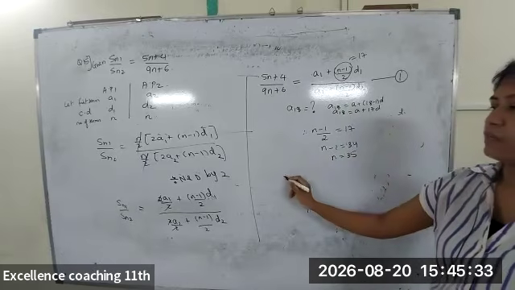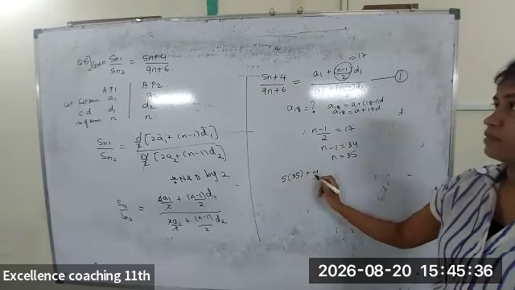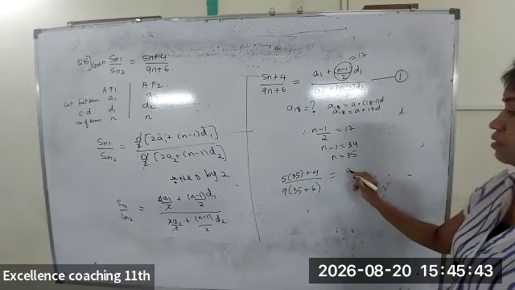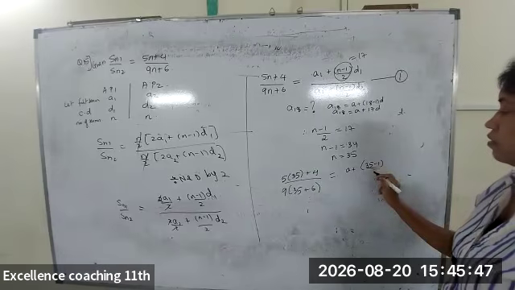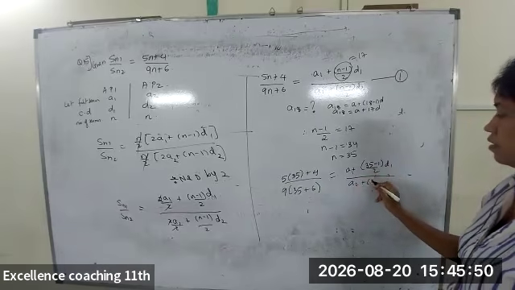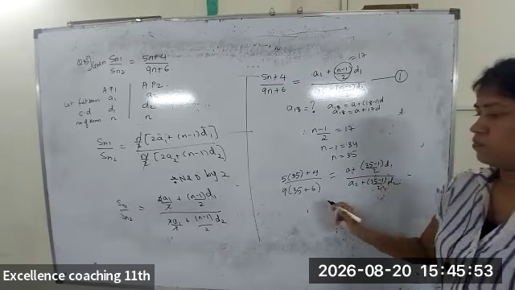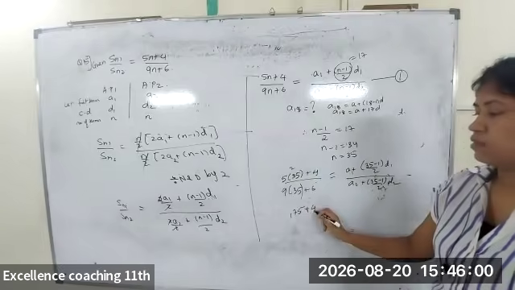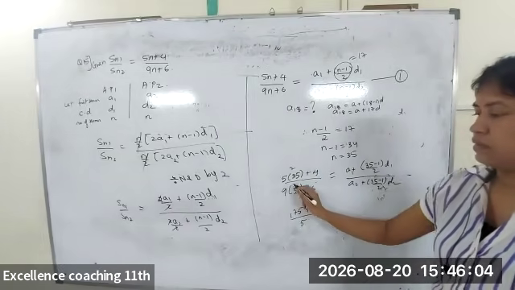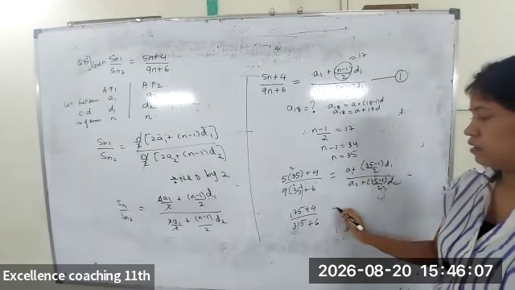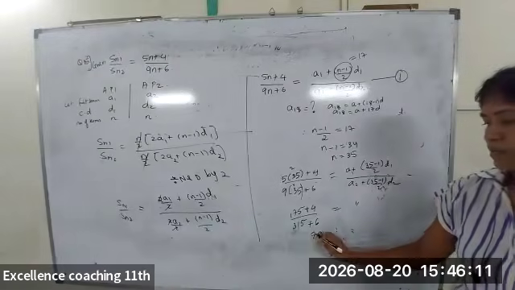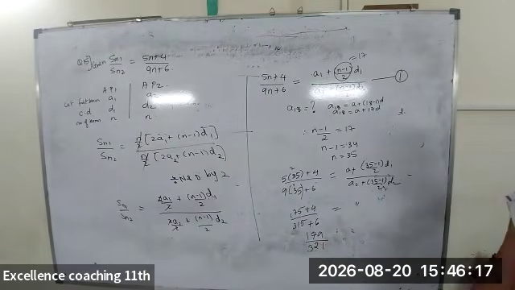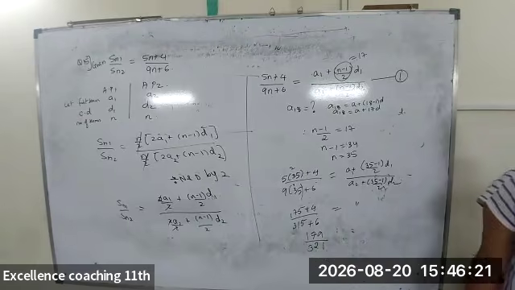Put n equals 35 in both the places and calculate the answer. Getting this 179 upon 3.